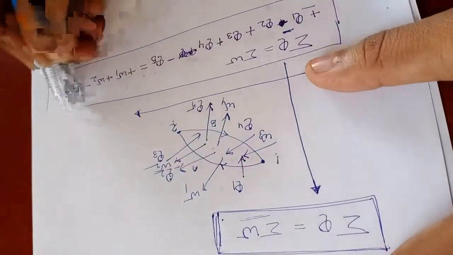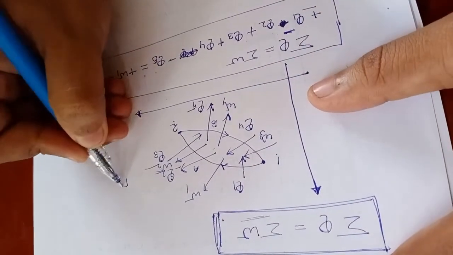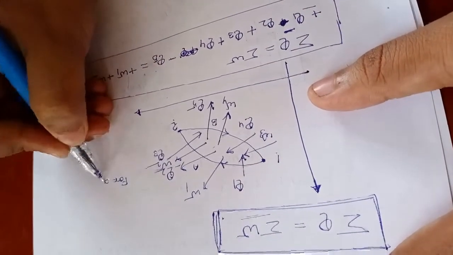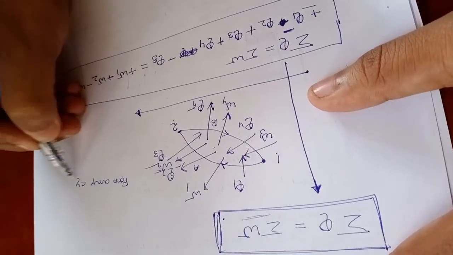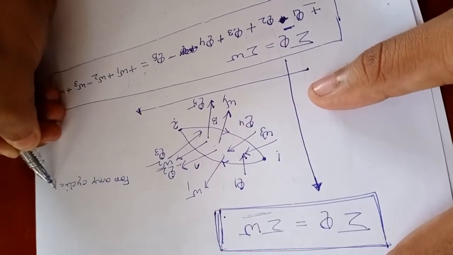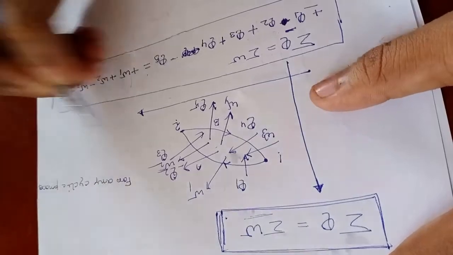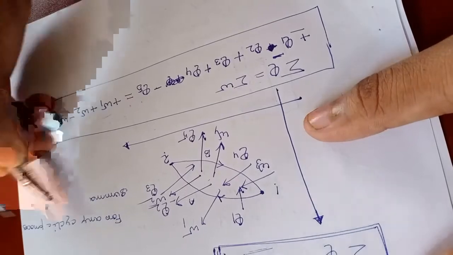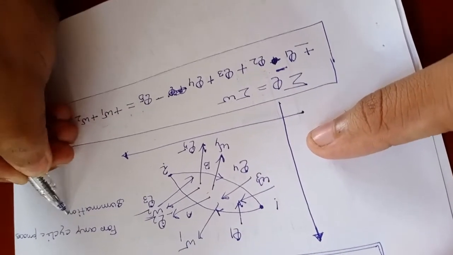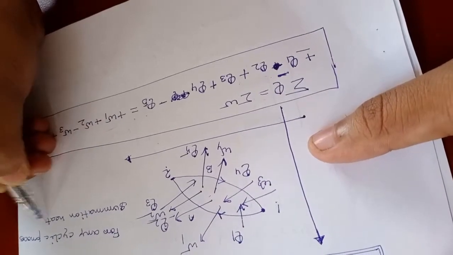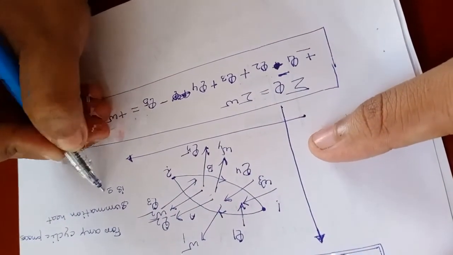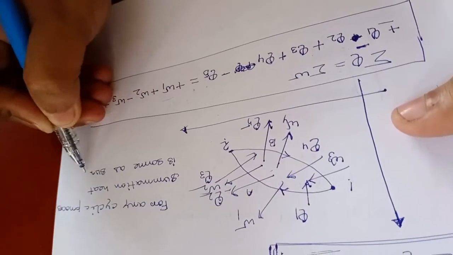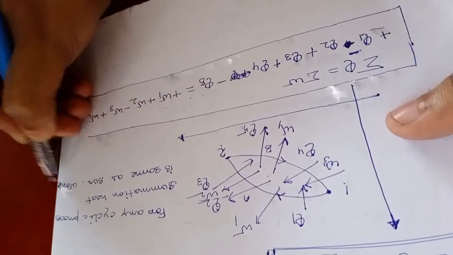So the first law of thermodynamics says that for any cyclic process, summation of heat is the same as summation of work.